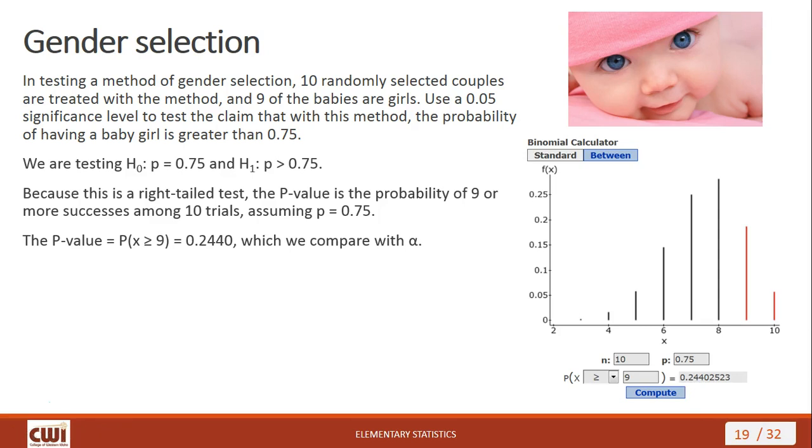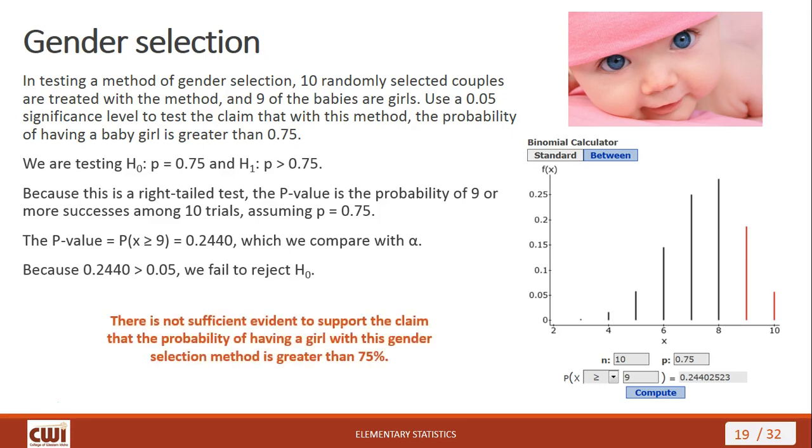So 0.244 is what we compare with alpha. Because 0.244 is greater than 0.05, we are outside the critical region, and therefore we fail to reject H0. So there is not sufficient evidence to support the claim that the probability of having a girl with this gender selection method is greater than 75%.